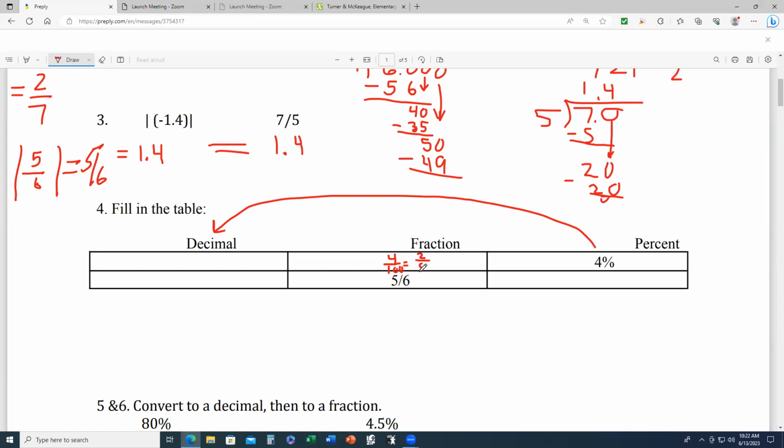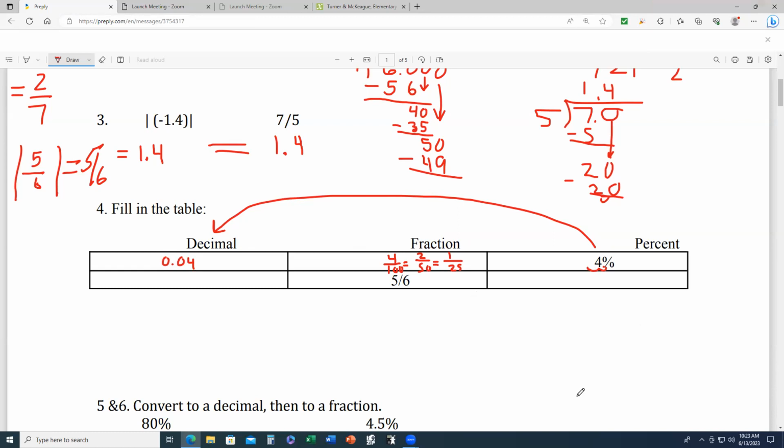And that can reduce again by 2 down to 1 over 25. That's the lowest we can go. Now, how do you change a percent to a decimal? You take the decimal and shift it 2 places to the left, twice. 1 and 2. So 0.04. There you go.